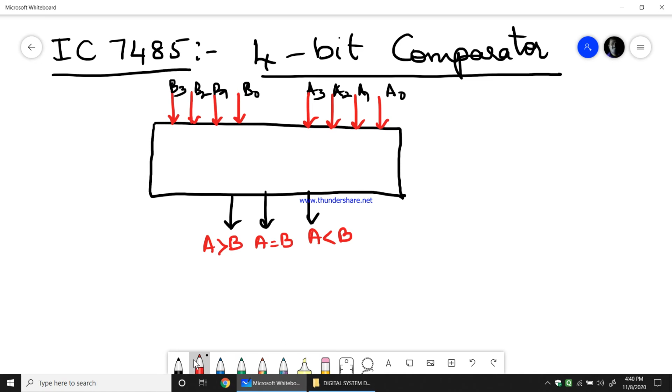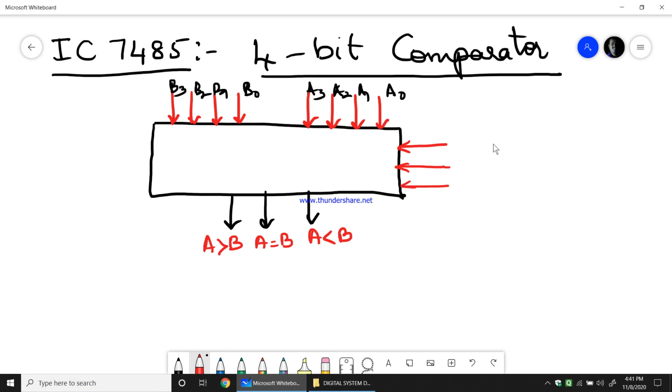The next thing IC7485 will have is cascaded inputs. What are the cascaded inputs that we will have here?